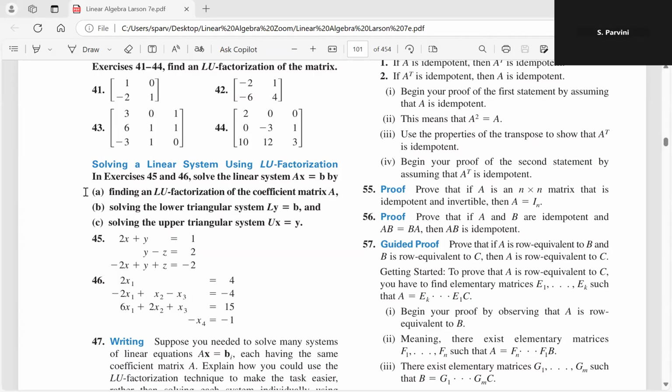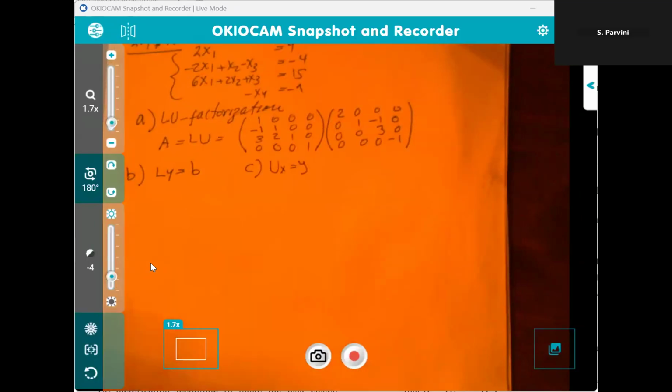He says do Ly equals B. Okay, Ly equals B. In part C, solve Ux equals Y. Let me go to my notepad and we'll finish it there. Good. Hopefully this is kind of what you have in your notes.